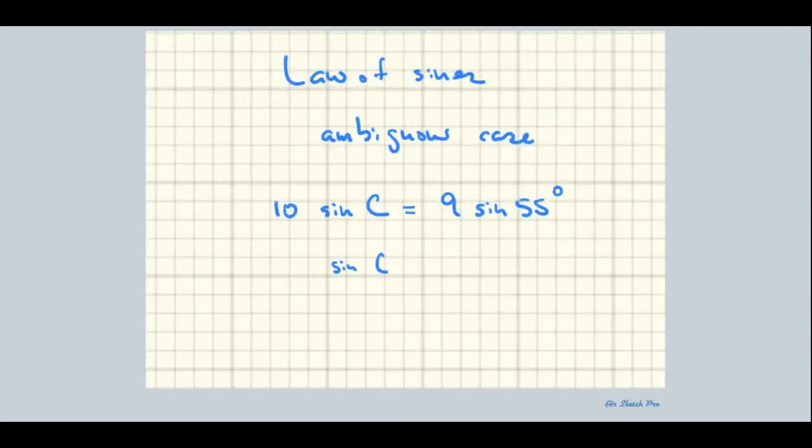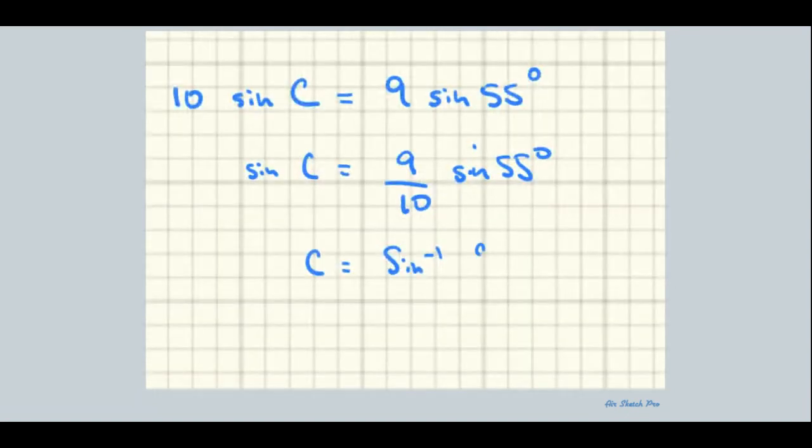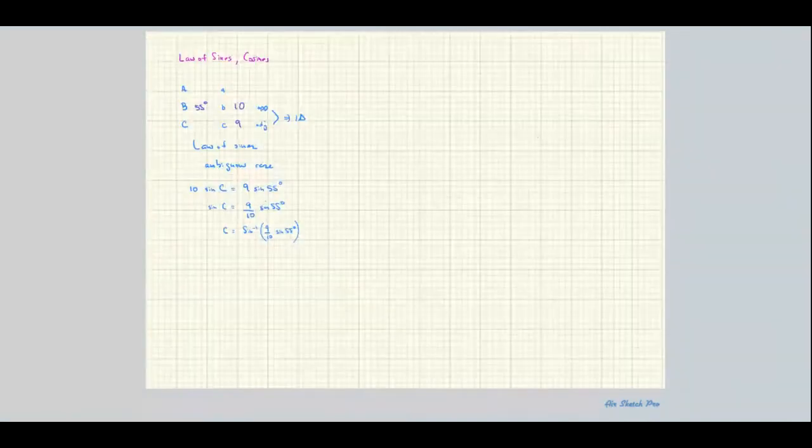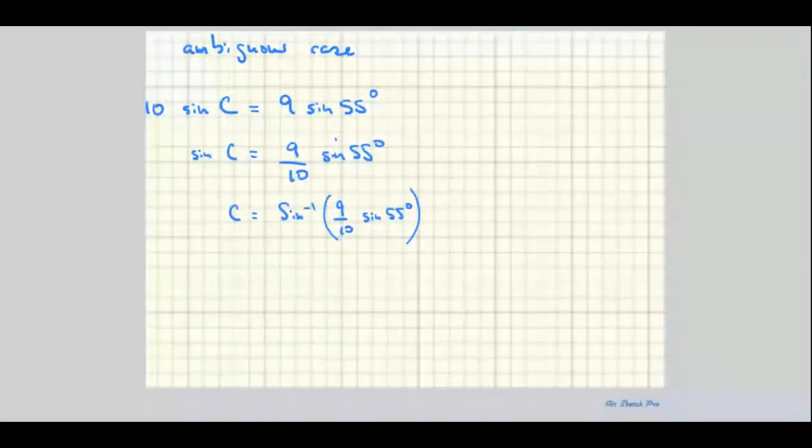That tells me the sine of angle C is 9 over 10 times sine 55 degrees. And so C is the arc sine of 9 over 10 times sine 55 degrees. Let's calculate that.